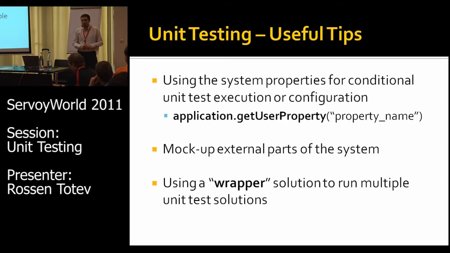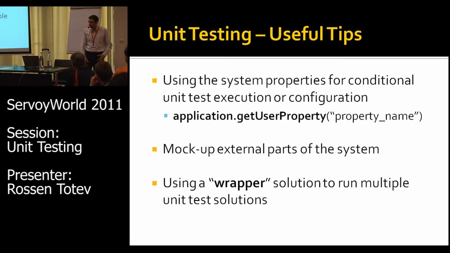To mock this up in a unit test, one approach is to use the application user properties that are stored on the developer application server, pick up that configuration setting before running the unit tests, and configure the environment as needed. The other one is mocking up the external parts of the system, as I mentioned before.